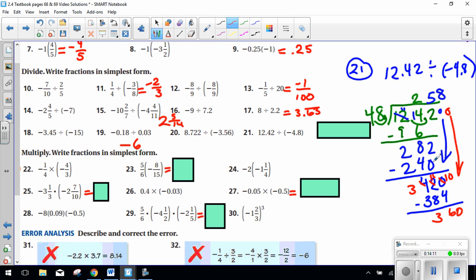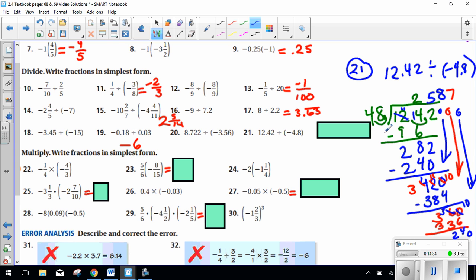48 goes into 360 7 times. 7 times 48 is 336. The 6 becomes a 5. So we get 4, 2, and a 0. Bring down.